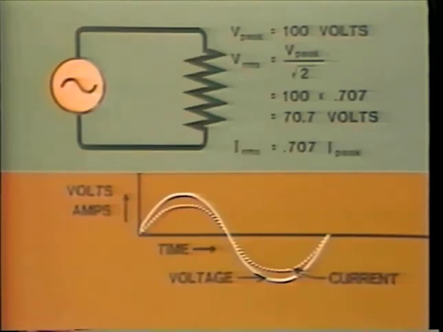It is calculated in a manner similar to voltage. That is, by taking the peak current and dividing it by the square root of 2, or multiplying it by 0.707. Okay, unless otherwise specified, AC current and voltage are always given in RMS quantities.